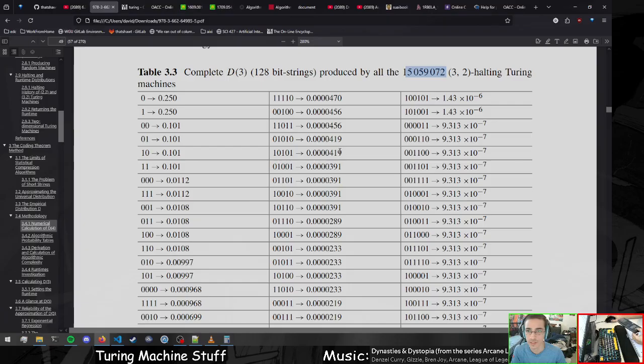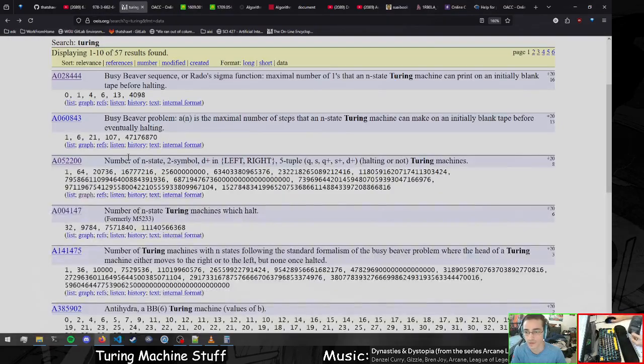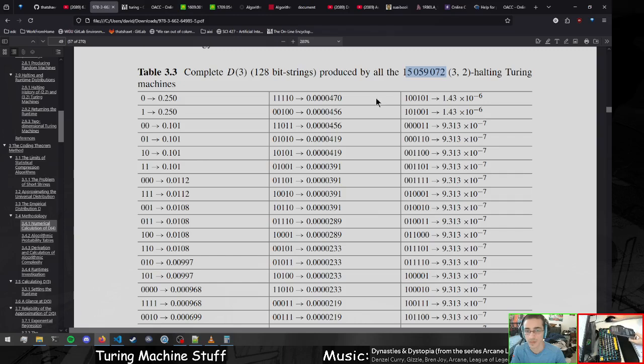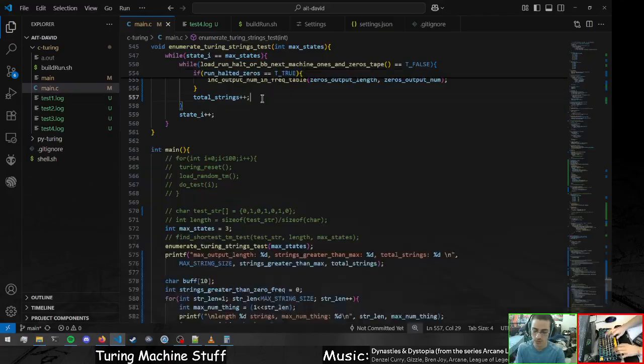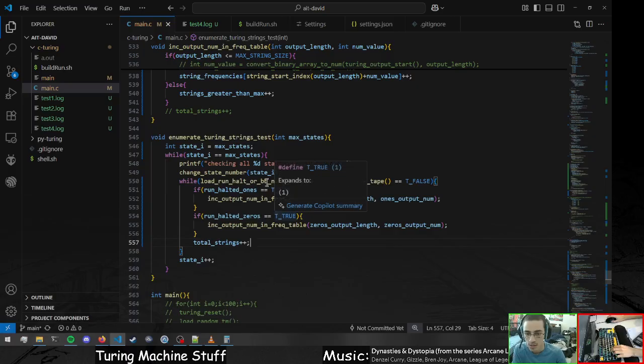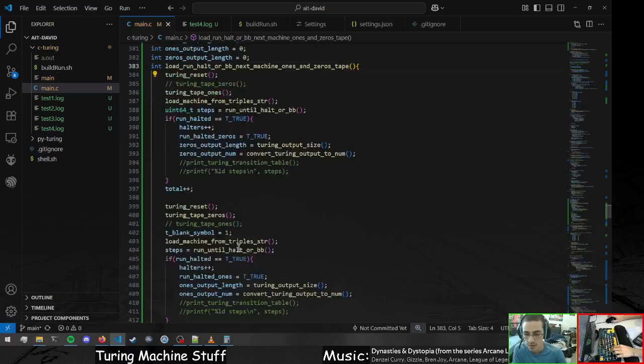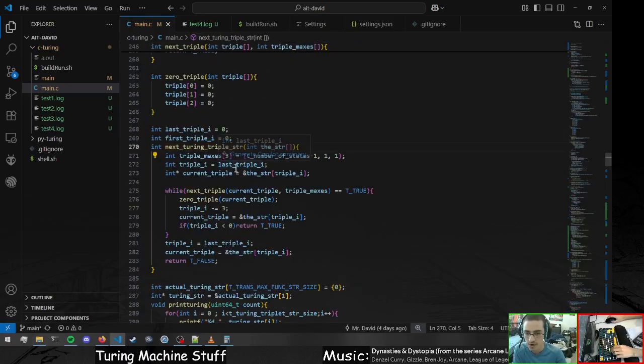Okay, so in here the problem though is I think I'm considering too many transitions because I think in their paper they do not consider the halting transition, but I do consider the halting transition, and by that I mean in here in the Turing triples, right?